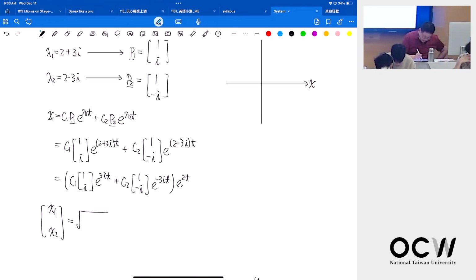Okay, we will combine c1 and c2. And finally, because they are just constants, in the end you have the square root of this constant, e to the 2t. And because of using the Euler formula, here we have sine theta plus 3t. And the second one is cosine theta plus 3t.